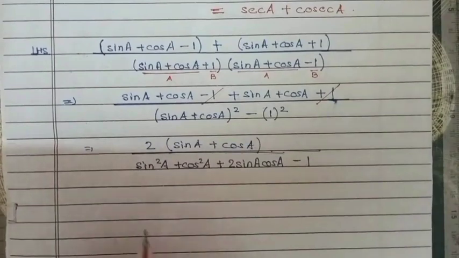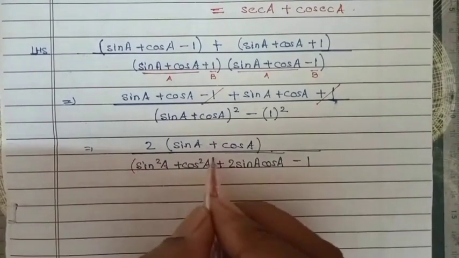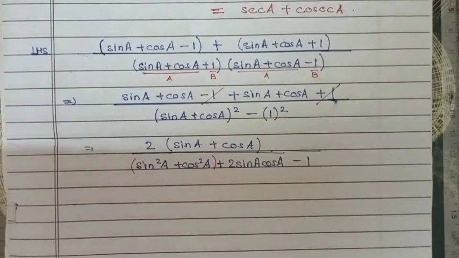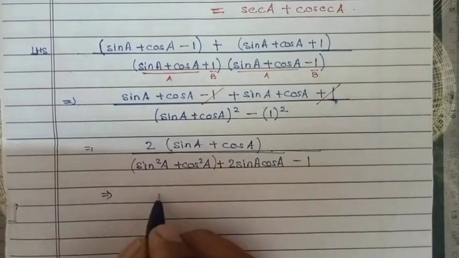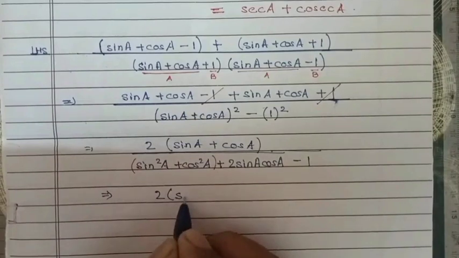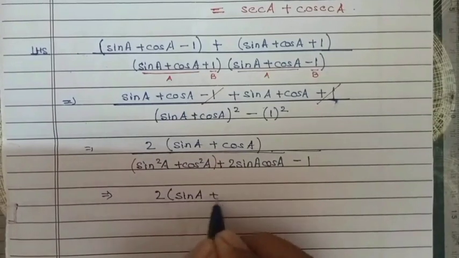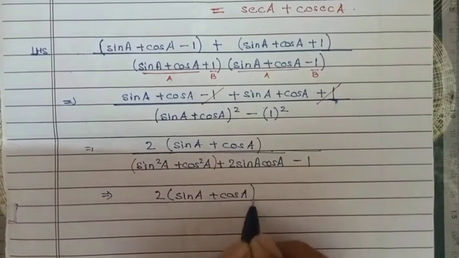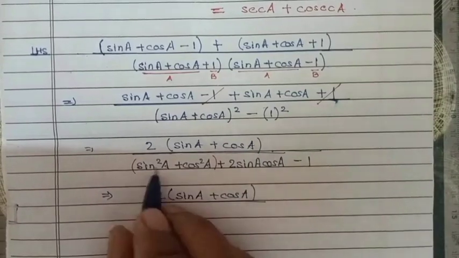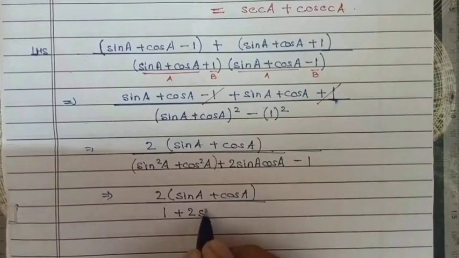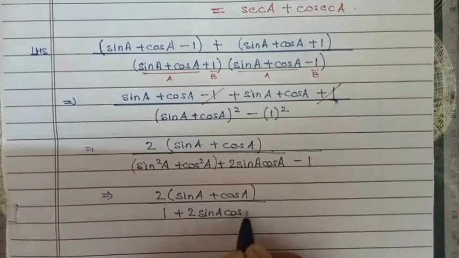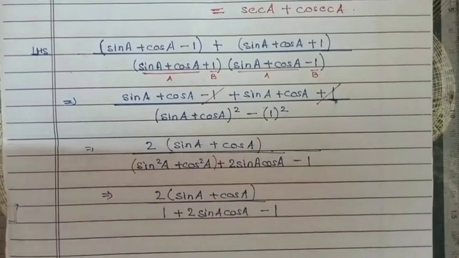Now in the denominator place you can use the identity. So sine square plus cos square will be replaced by 1. So we will write 1 minus 1.